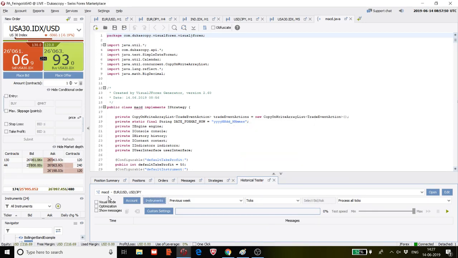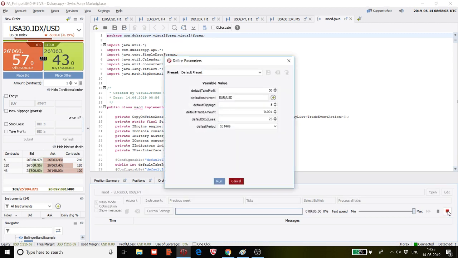Okay. Then visual mode, and then previous week. I don't want to take more time, so I will just test it for the period of 1 week only. We will change the time frame to 4 hours and then run.